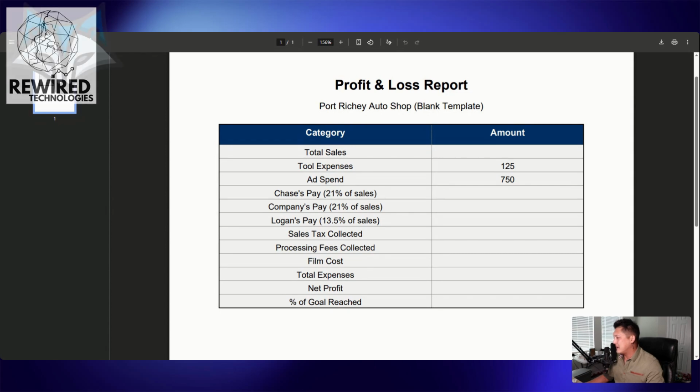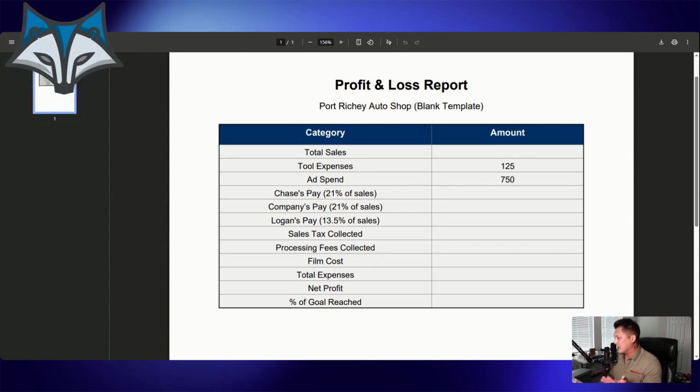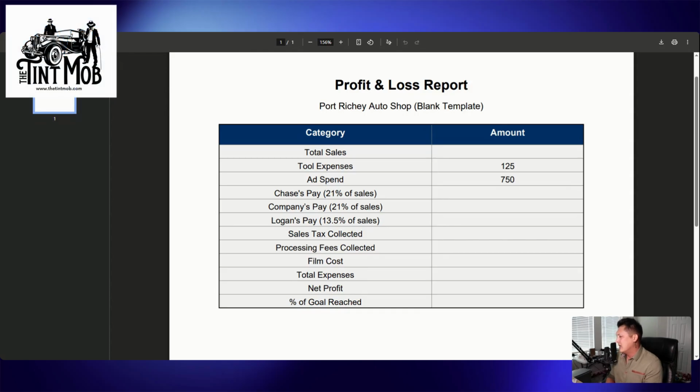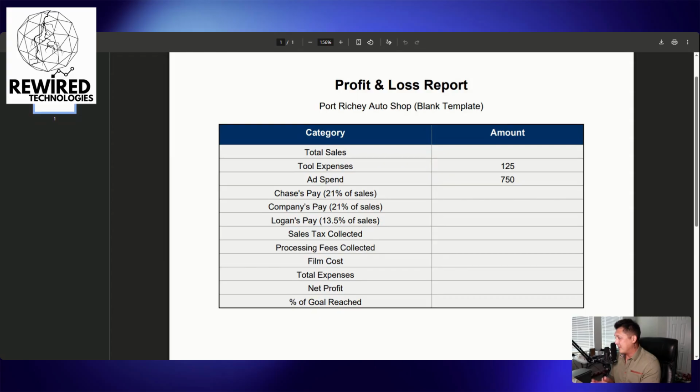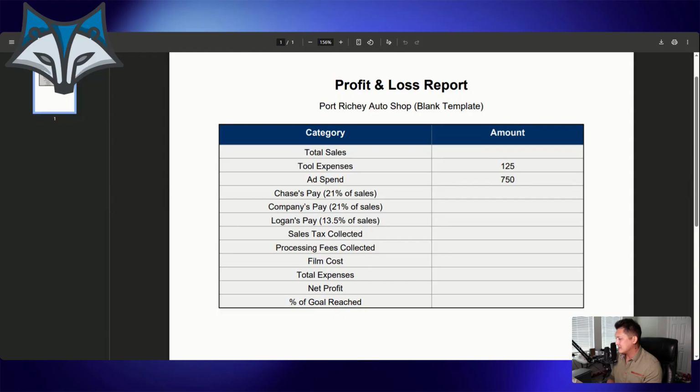It's kind of in the company pay because I have an automotive division, a commercial and residential division, and a number of other things, so my pay gets spread out from all the divisions. But definitely if you're a one-man show, if you're only doing automotive, then I would add your weekly pay into here, and that way it keeps it a little more organized.